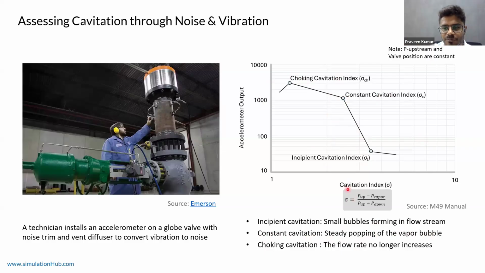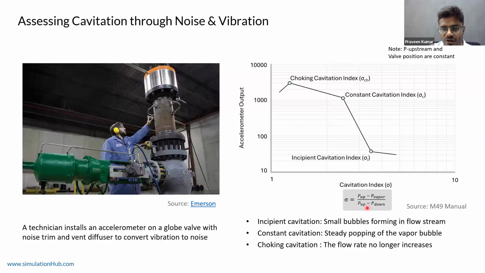This index is nothing but a pressure ratio. It indicates where you are operating. If the cavitation index is above the incipient cavitation index, you are in the non-cavitating region, and if it is below, you fall in the cavitating region. But there are different terminologies. For example, in further slides you will see XF being used.